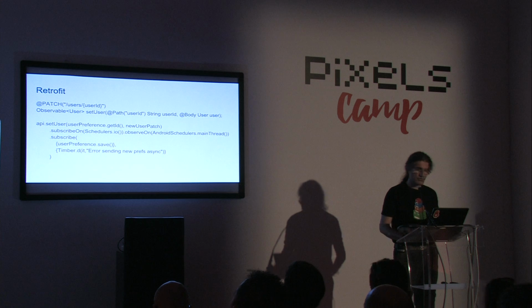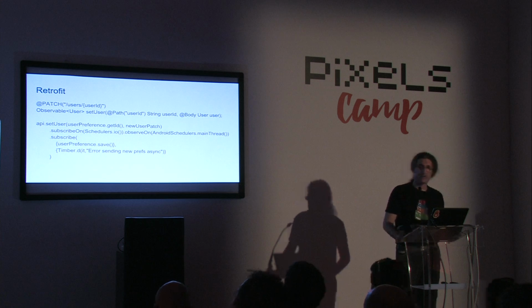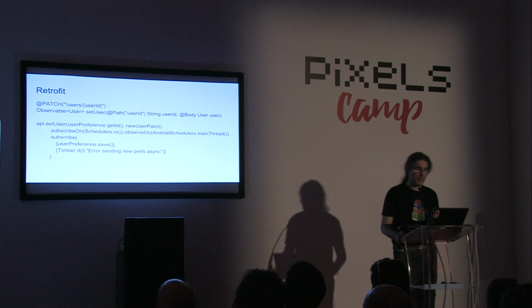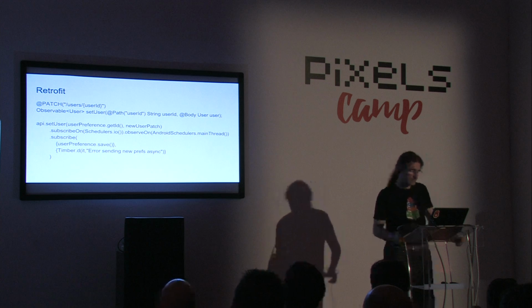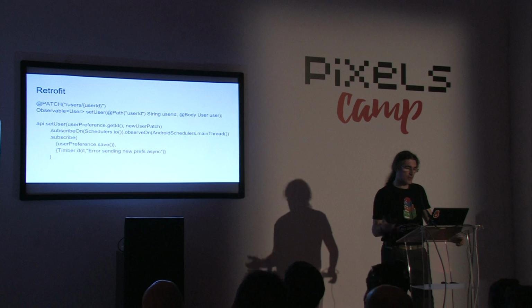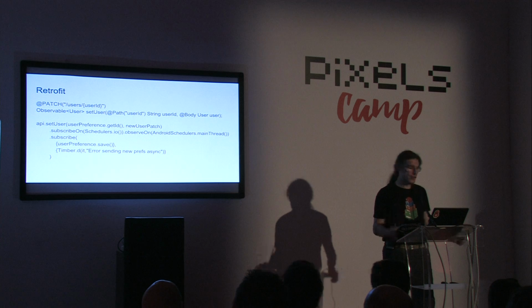All right, so everyone's favorite network API library, Retrofit. Let's look at an example. In Retrofit, you can give it a parameter with a callback, but it's already prepared to give you observables that wrap the object you're trying to get from the network.